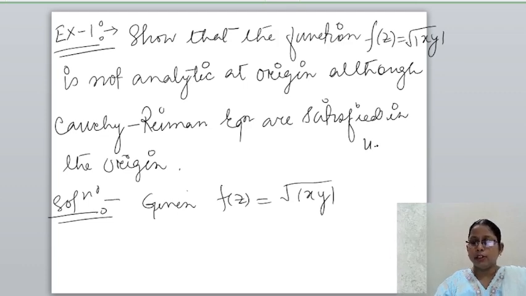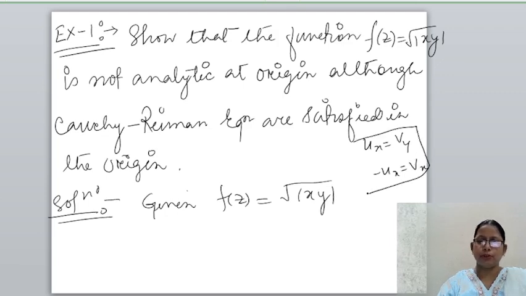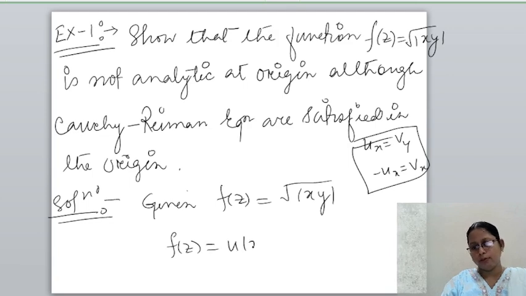This is u_x equal to v_y and u_y equal to minus v_x, satisfied at the origin. So compare with the equation f(z) equal to u(x,y) plus i v(x,y).